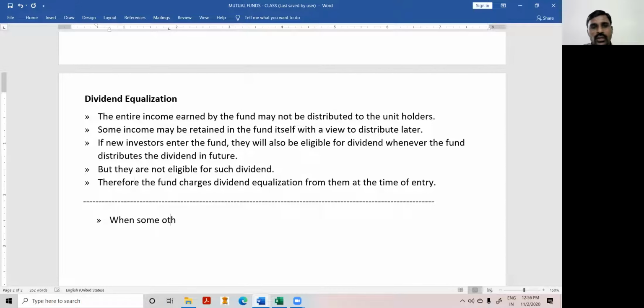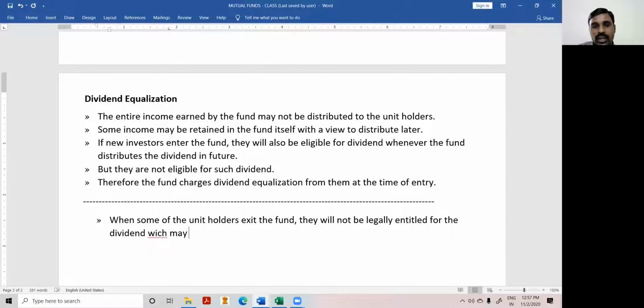When some of the unit holders exit the fund, they will not be legally entitled for the dividend which may be distributed by the fund in future.